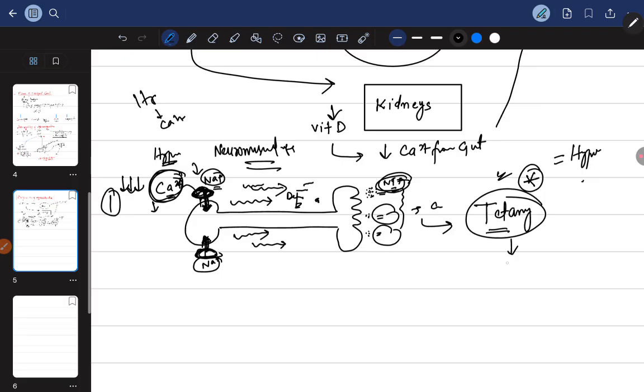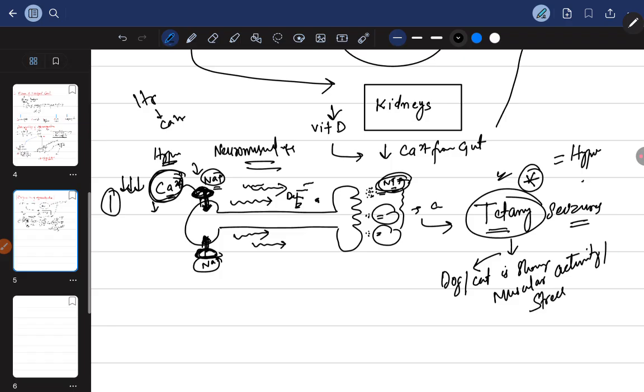These tetanic seizures, you will always see them whenever a dog or cat is showing muscular activity like playing, jumping, or there is any sort of stress.